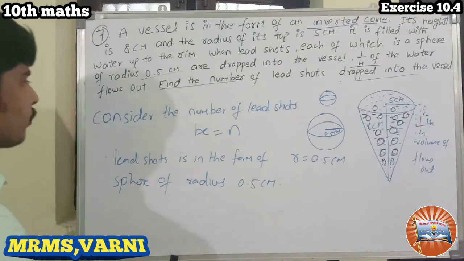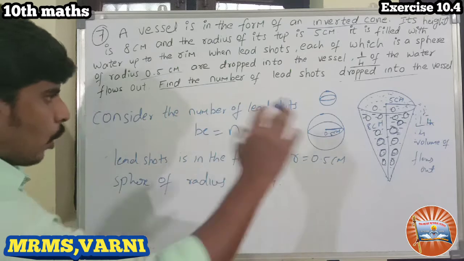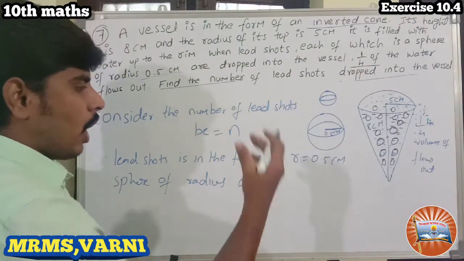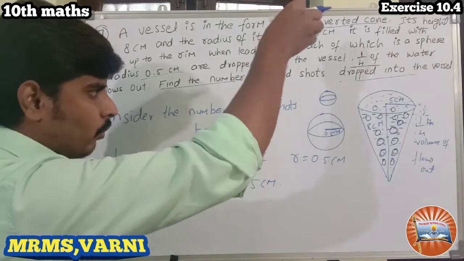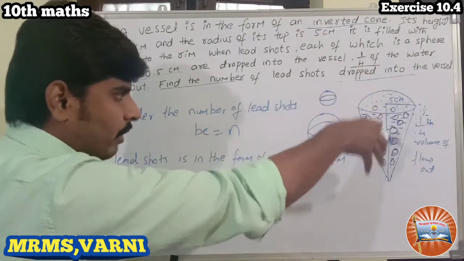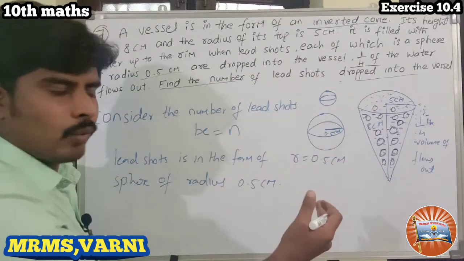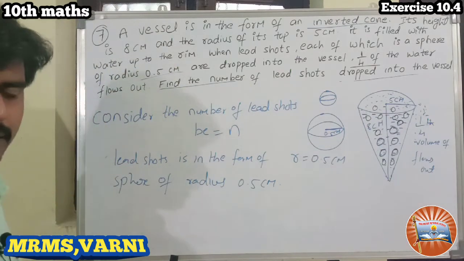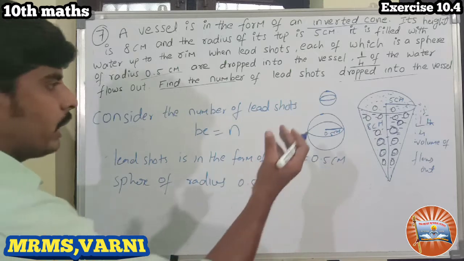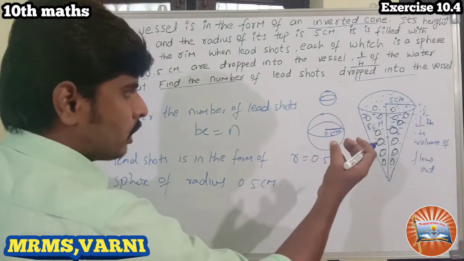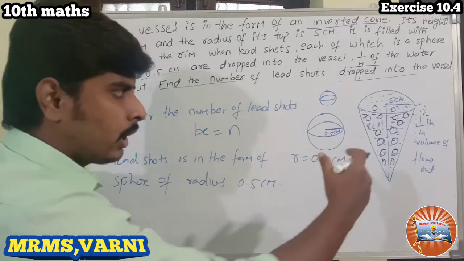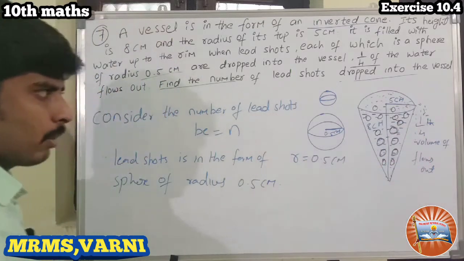Right, next. So how much water flows out here? How much quantity of balls we dropped into that vessel, that much quantity of water flows out, isn't it? Archimedes law. How much quantity of lead shots we dropped into that vessel, that much quantity of water will flow out. This is a general principle, we know that.